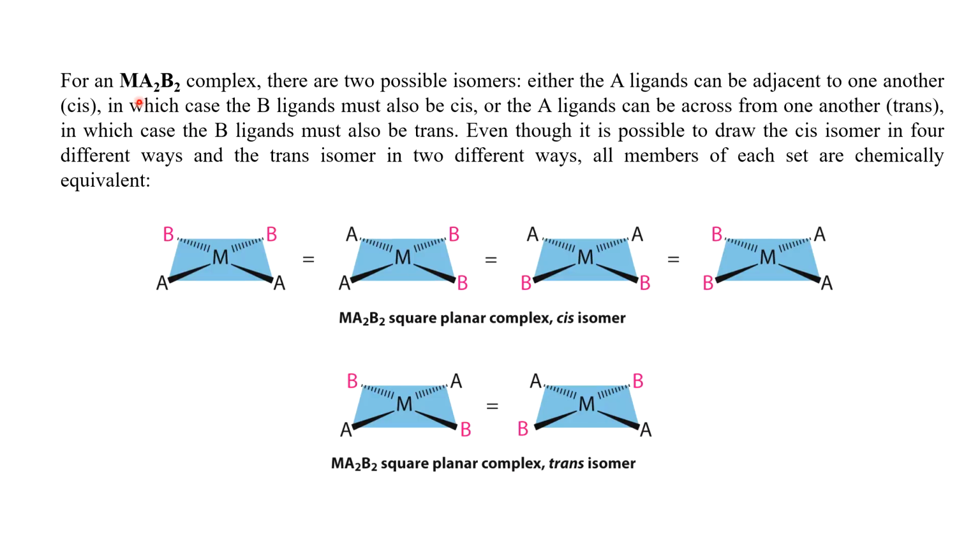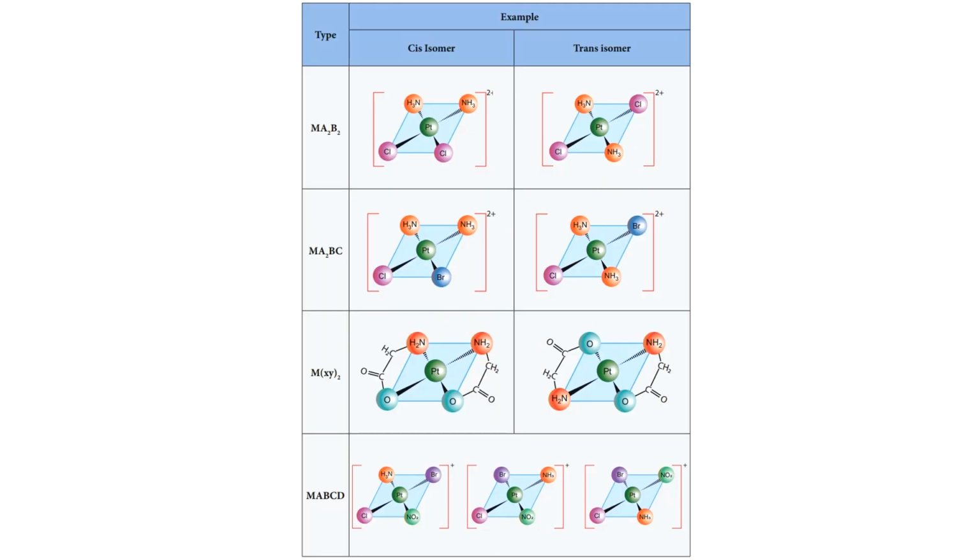If the formula is Ma2B2, meaning two A type ligands and two B type ligands, we have just seen that in these cases, cis and trans are possible. When the same kind of ligand is in adjacent positions, then it is cis. When they are just opposite to each other, then it is trans. Here are some more examples of this Ma2B2.